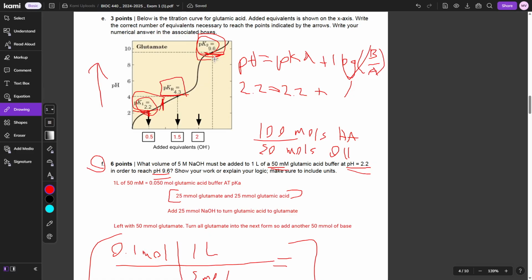You need to go from 0.5 to 2.5 equivalents, so you need two equivalents. One equivalent is 50 millimolar. 2 times 50 is 100. That's a lot of information very fast. Does that make sense at all, though? So yeah, 100, just about correct.